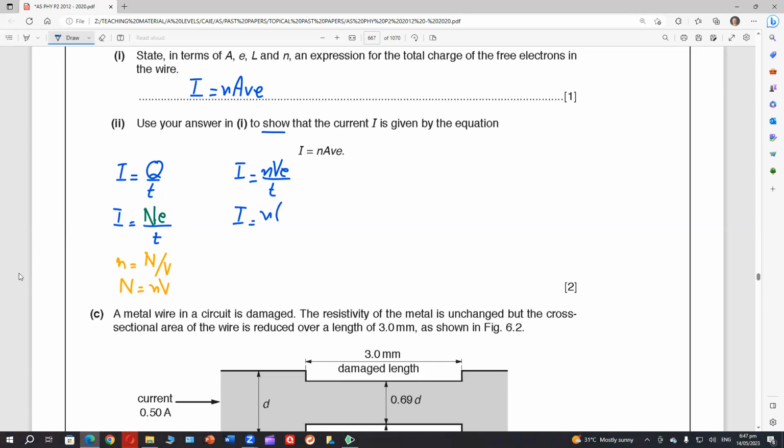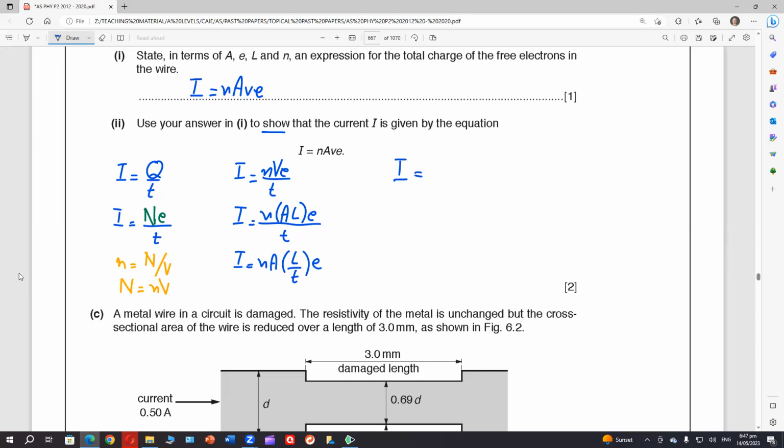Volume is area into height. What is L upon t?